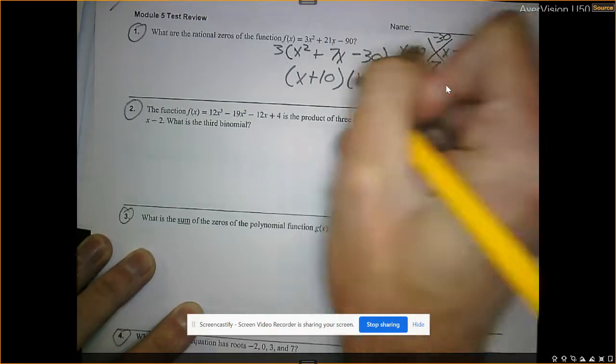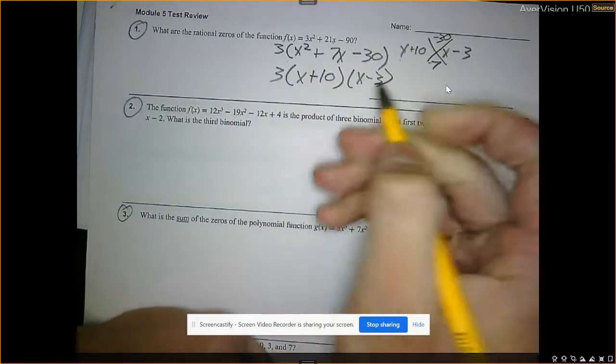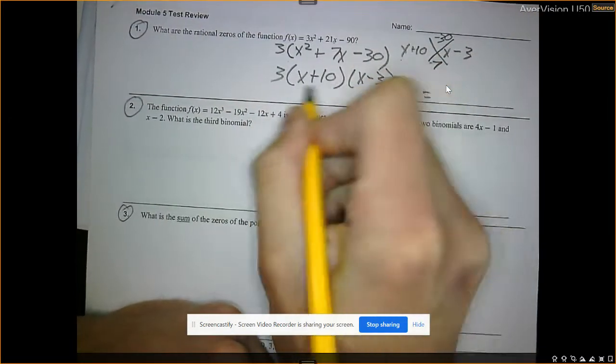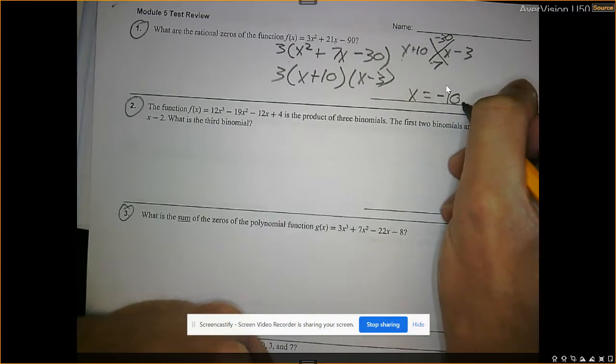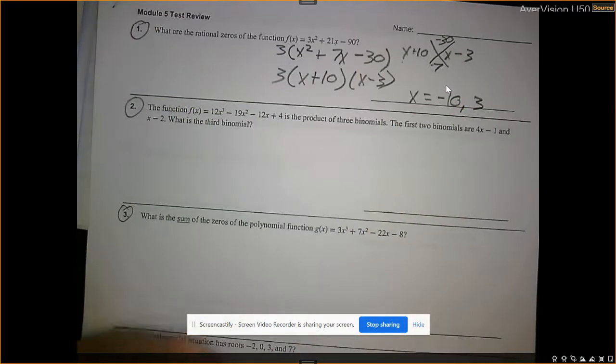Those are your factors, and we can't forget this 3 out front. Your zeros are whatever is going to make this 0. Well, that's negative 10, and what's going to make x minus 3 equals 0 is a positive 3. So your answers are negative 10 and 3 for that one.